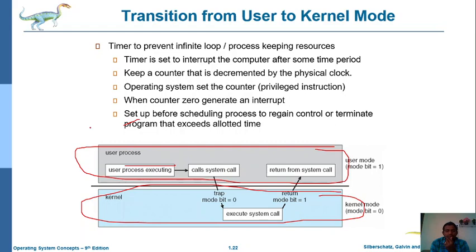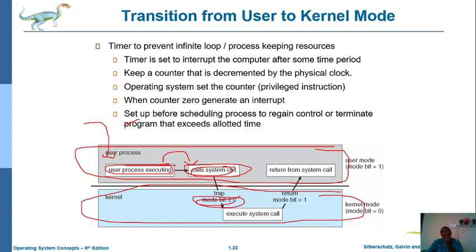First the user interfaces with the user mode and sends some instruction. To execute the process requested by the user, we use a system call. The system call is responsible for transferring our request to the kernel, the operating system. For that purpose it checks the value of the mode bit.